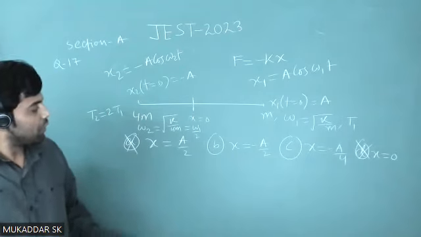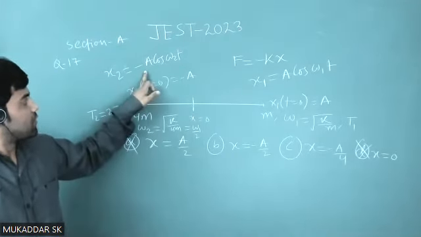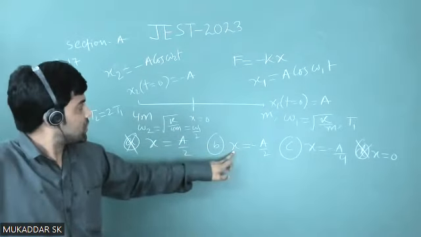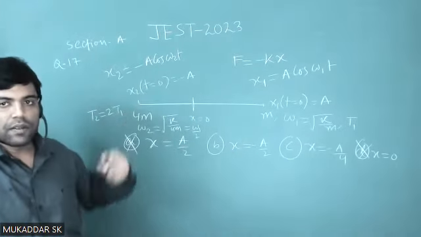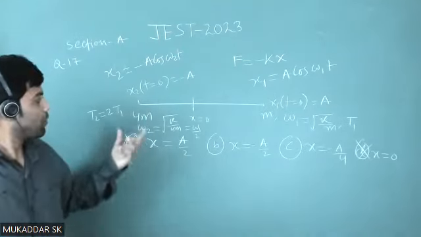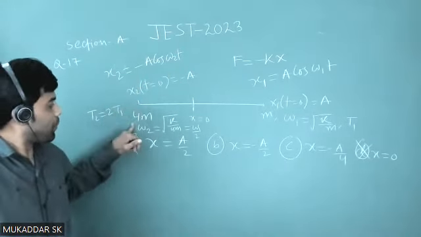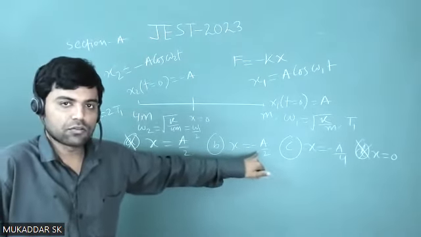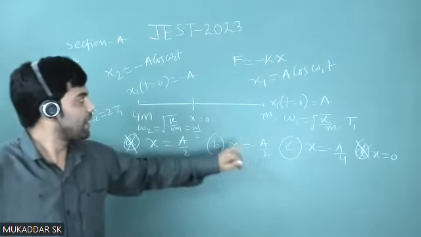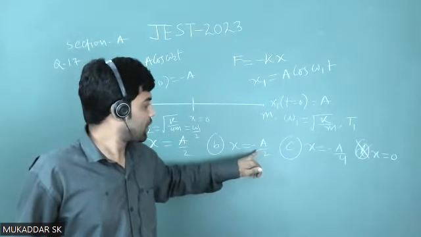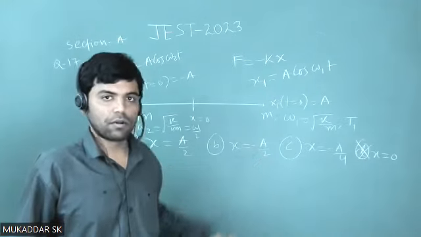So if both particles have the same position at the same time, it means they will collide. I'll check the time required for the 4m particle to reach x equals minus a by 2, and the time required for the m particle to reach x equals minus a by 2, and I'll compare.